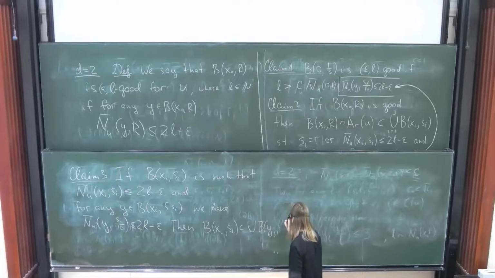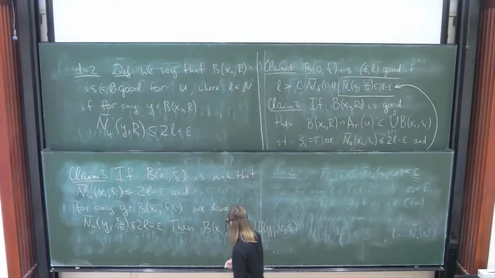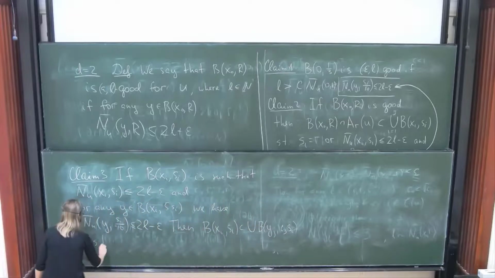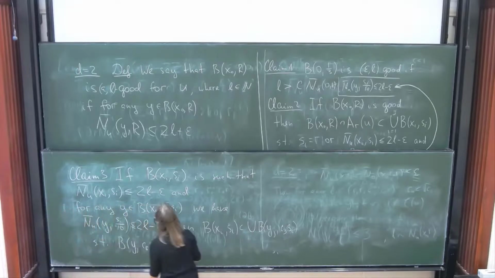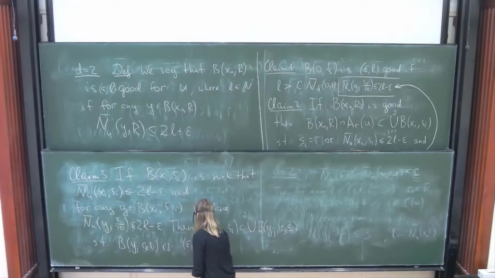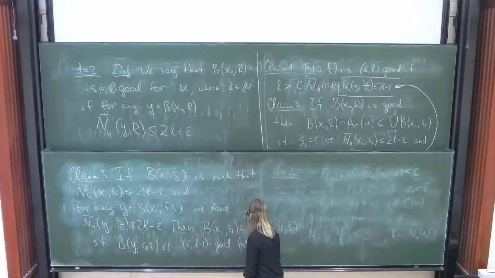There is a constant. Do I know what the constant is? I'm not sure. It's a small constant here, C3, such that each of those is epsilon L minus 1 good for our function U.